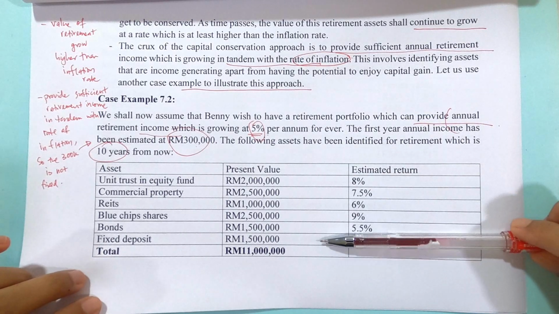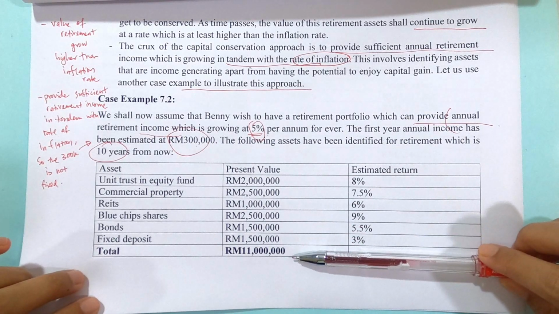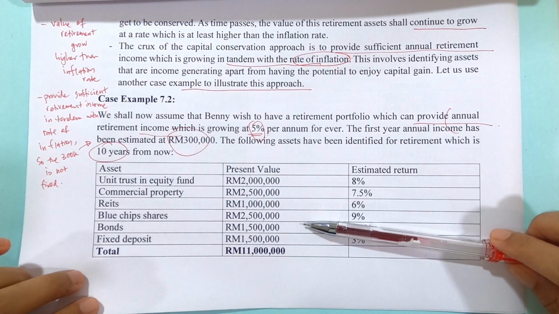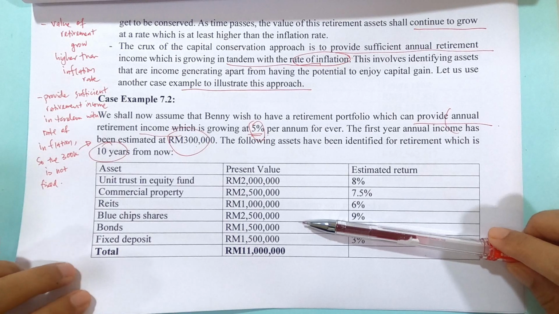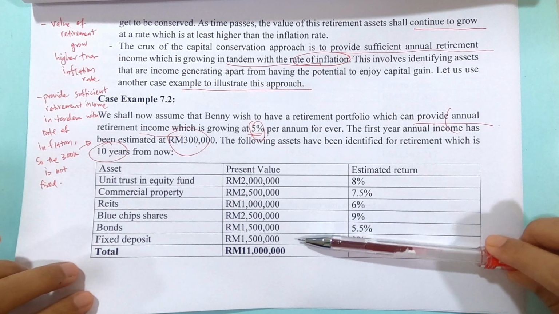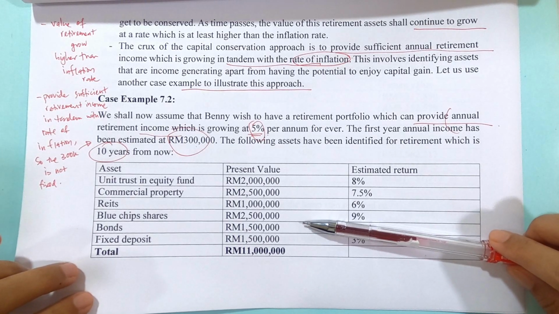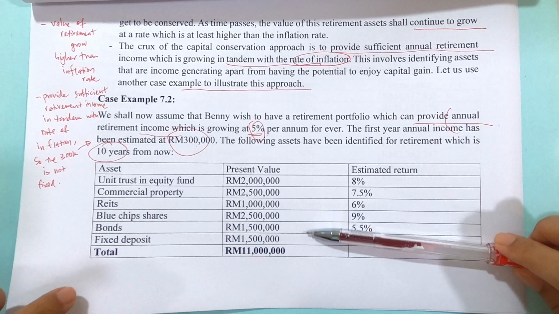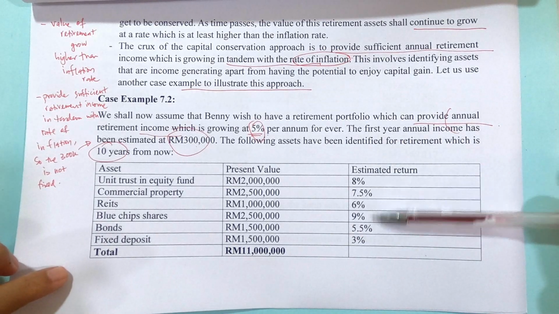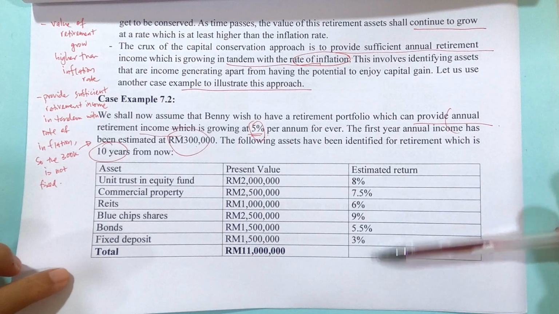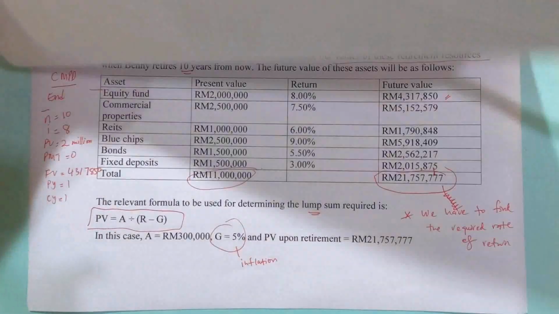Although this is a very rare case, because not many people can afford to preserve their retirement fund, it is something we have to take into account, because in certain cases it exists. And here are the estimated returns for the retirement portfolio.